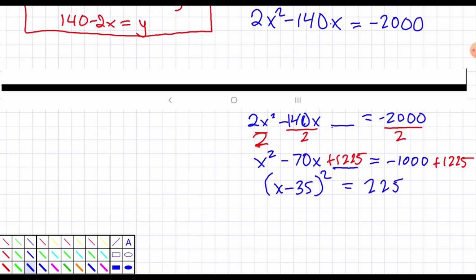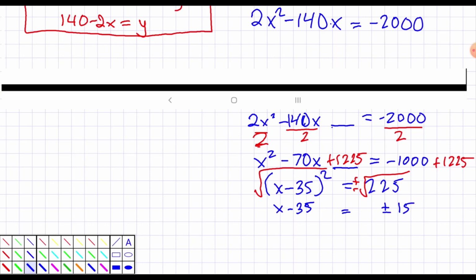Let's just take the square root of both sides. And we get two values. Remember, we get a plus and a minus. So we're left with x subtract 35 is equal to plus or minus, what is the square root of 225? Well, that's 15.